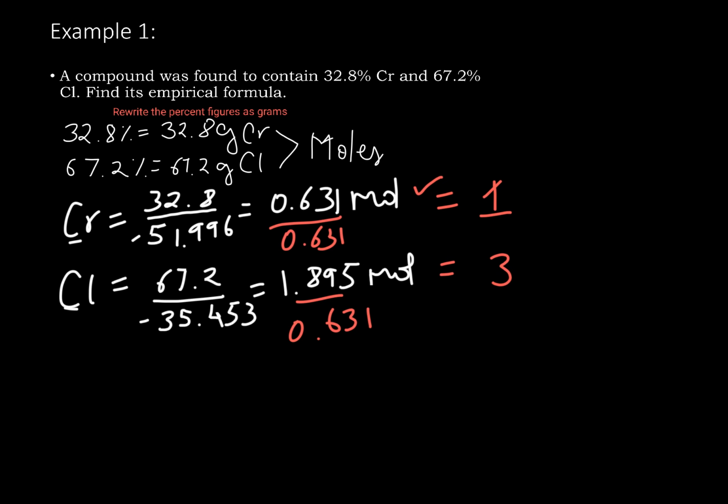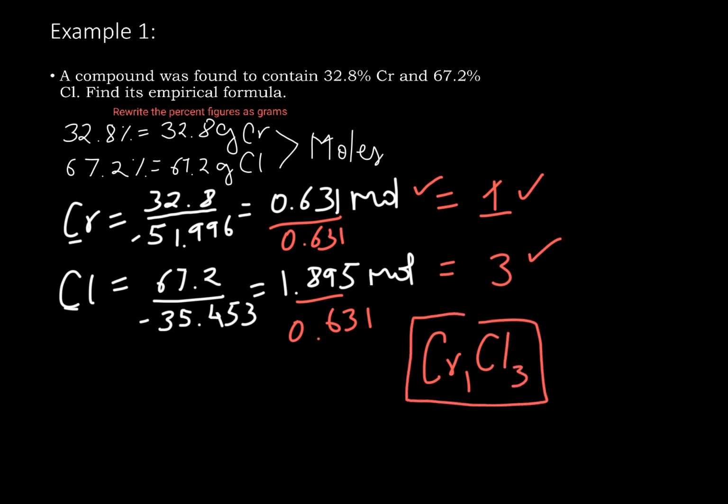But for now, you get 2 whole numbers. You get 1 for chromium and 3 for chlorine. All you need to do is take these 2 numbers and use them as subscripts for your formula. And so you get CrCl3, and that is your final answer.